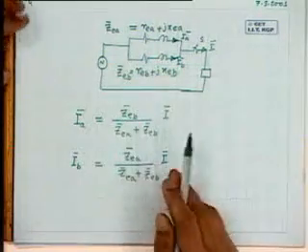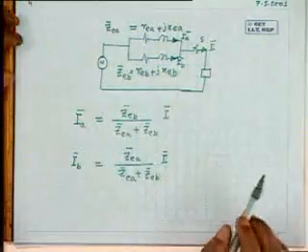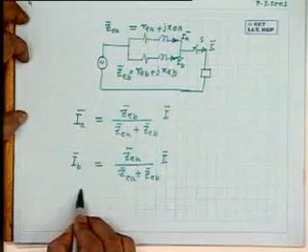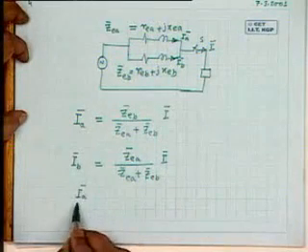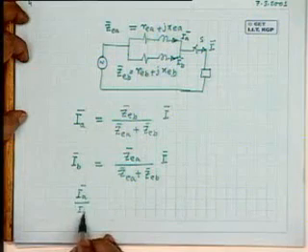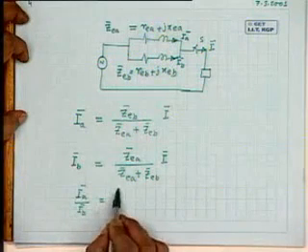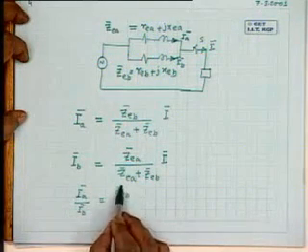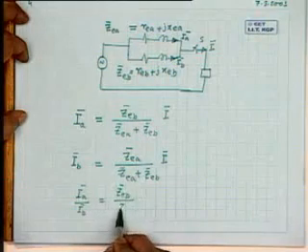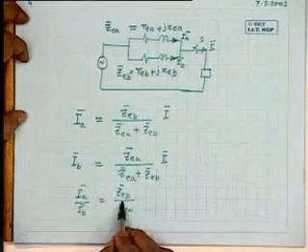All things are referred to the load side, which I had not written in the very beginning. Now the ratio of these currents, IA bar by IB bar, if you take it, you will get ZEB bar by ZEA bar.